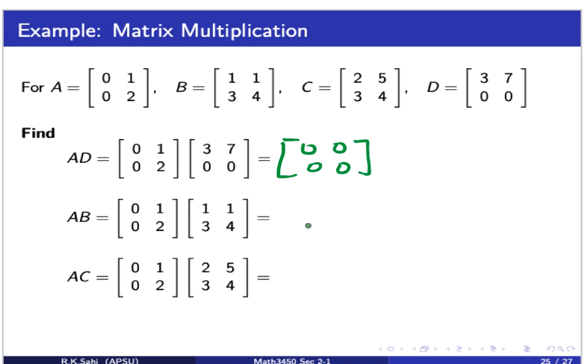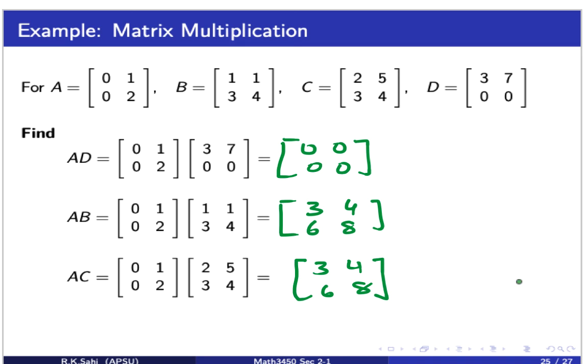I would like you guys to do the matrix multiplication as a practice. When you do A with B, you get 3, 4, 6, and 8. And also with A and C, you get 3, 4, 6, and 8. I would recommend you check the matrix multiplication.